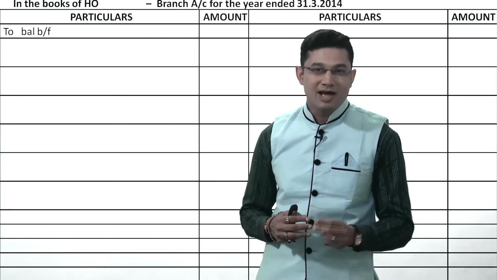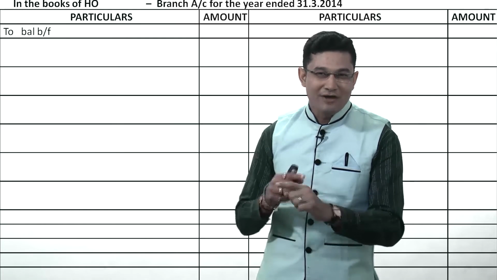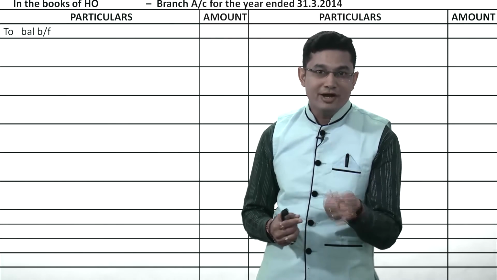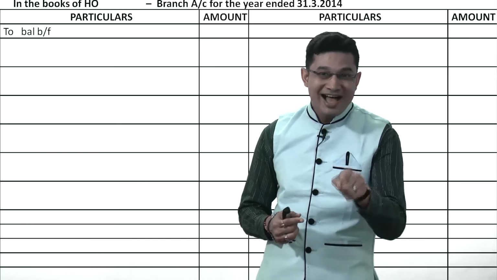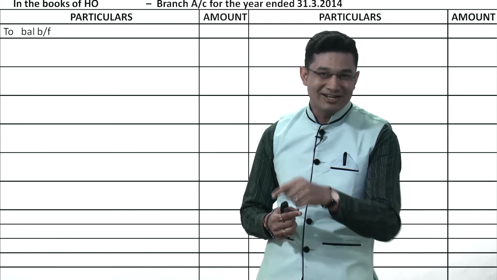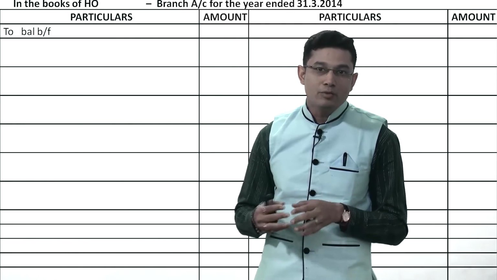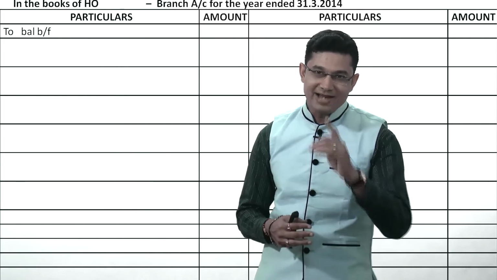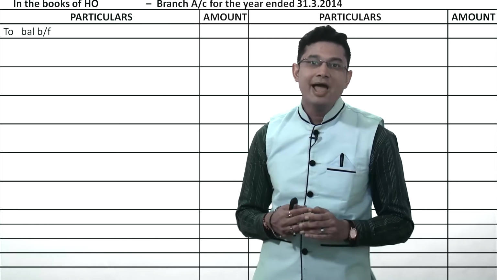Why the opposite side? For the purpose of eliminating the effect of unrealized profit in opening stock as well as in closing stock. Goods sent to branch and goods returned by branch will both be recorded at invoice price.